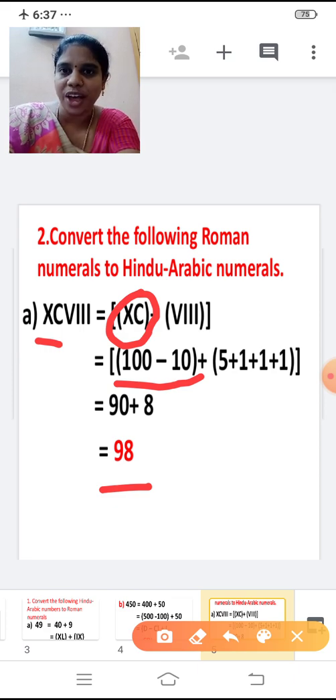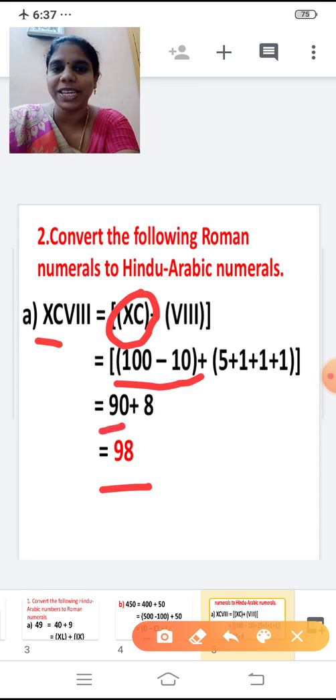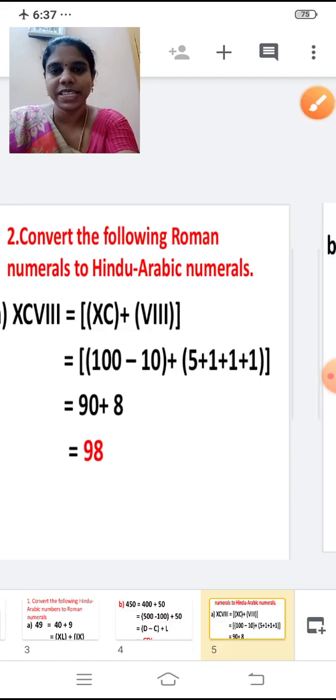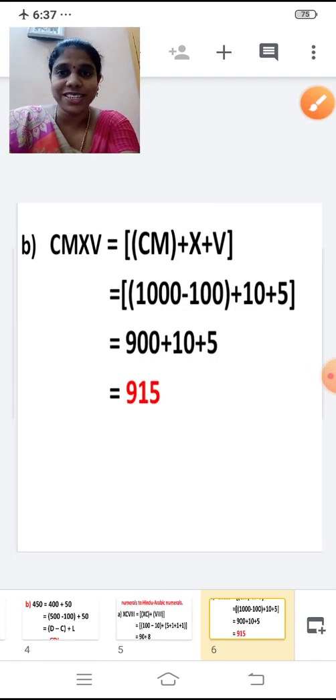The value of V is 5 plus I, 1 plus 1 plus 1. So 100 minus 10 is 90, plus 5 plus 1 plus 1 plus 1, 8. 90 plus 8, 98. Second one, we are going to convert this Roman numeral into an Indo-Arabic number.